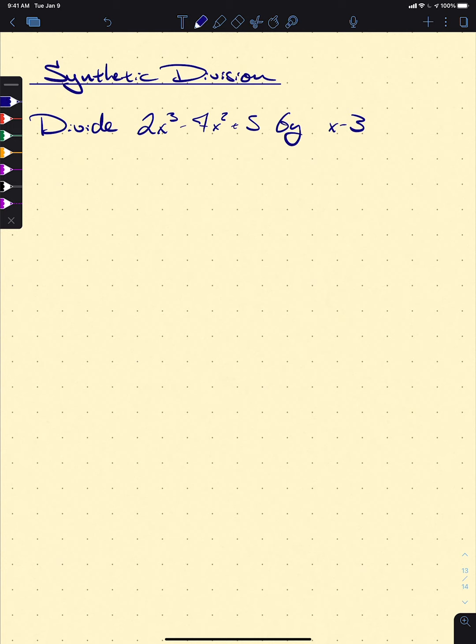So I'm going to first walk you through the way that you would divide this using traditional division, right? x minus 3 into 2x cubed minus 7x squared plus 0x plus 5. First thing we're going to want is the 2x squared, right?